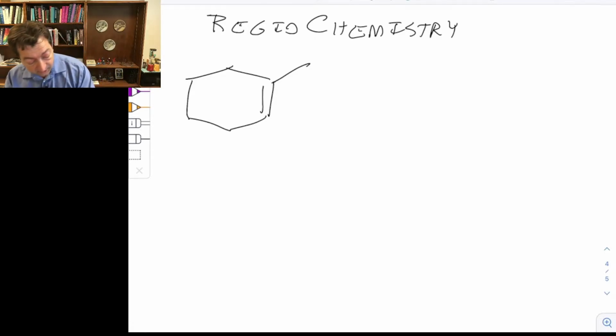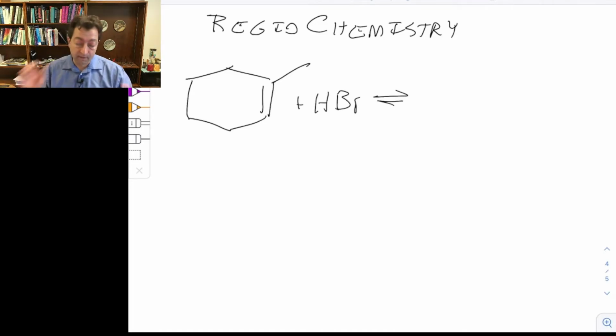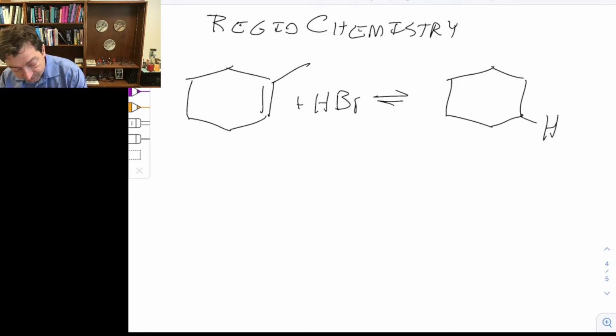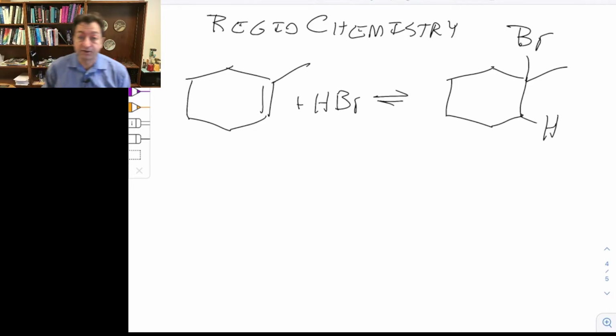And what we observe in this reaction with HBr, and I'll draw it as an equilibrium, and we can talk a little later about whether it would be an equilibrium or not, but I think it's relatively straightforward to believe that's the case, because we've seen plenty of examples of the reverse reaction, where we have an alkyl halide going to produce an elimination product.